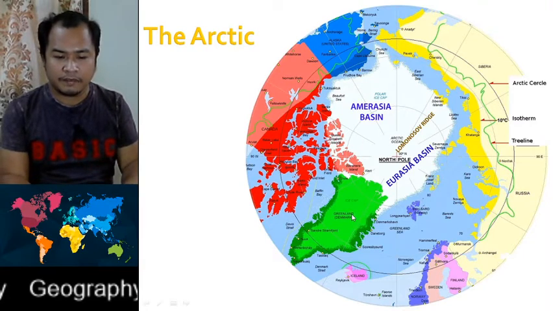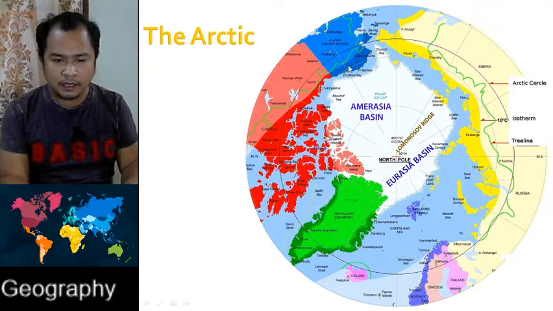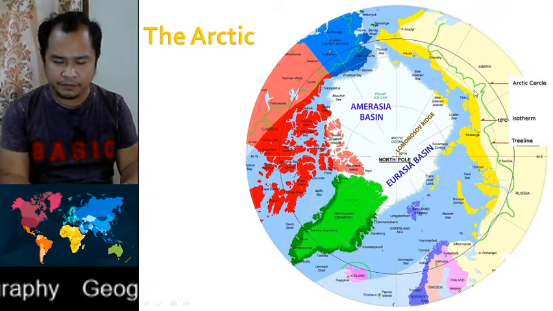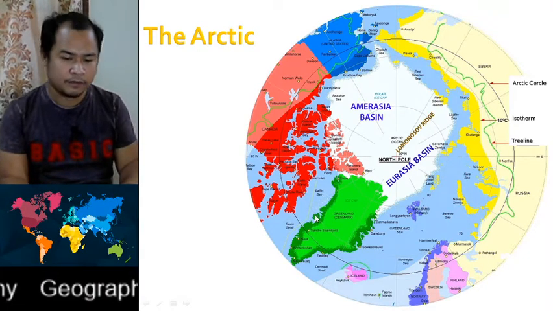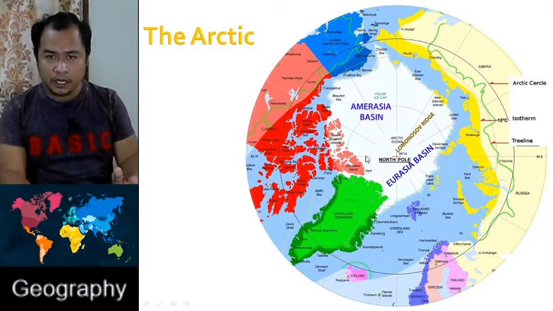We have Greenland here, Canada, Alaska, the Eurasian plate or the top part of Russia, Sweden, Finland, and Norway, and of course the whole Arctic Ocean.